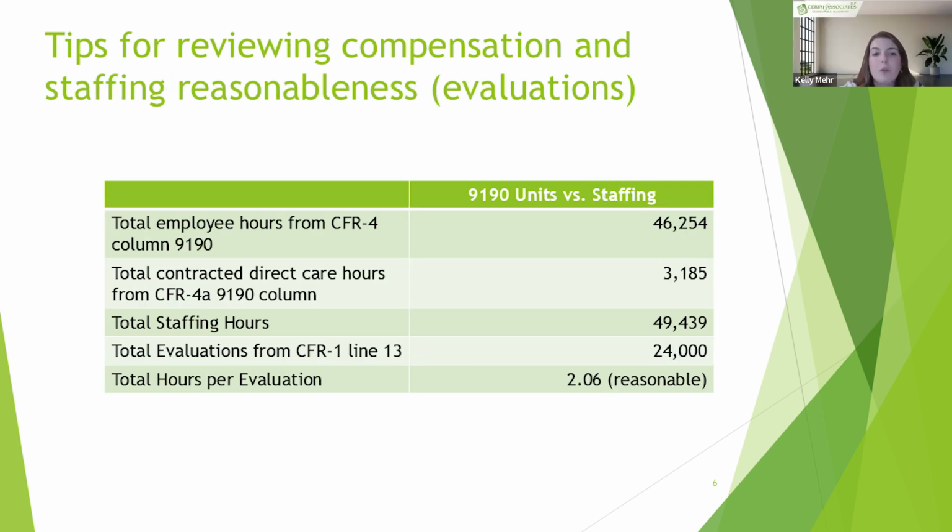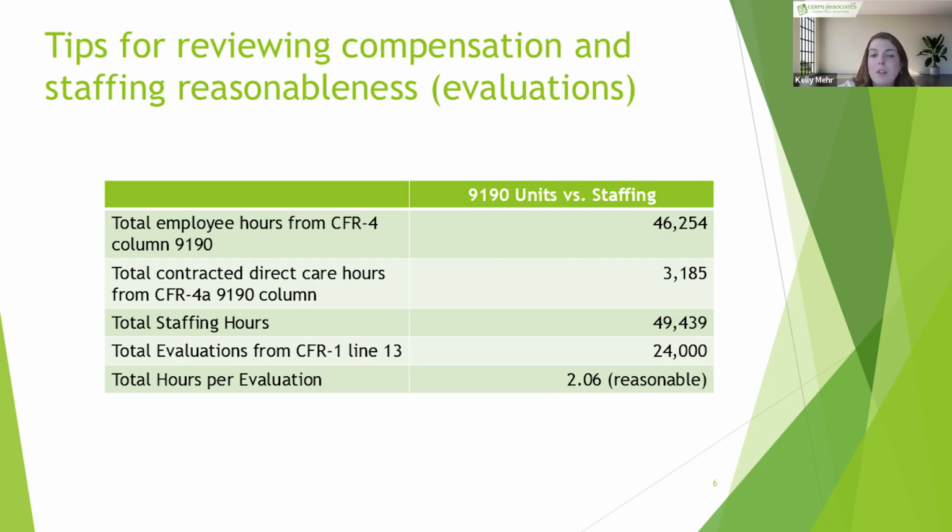So for evaluations, which is program 9190 on the CFR, for reasonableness, we normally compare the total staffing hours to the total evaluations performed. If you look here, we combine the employee hours reported on CFR 4, which is the 46,254 hours, with the contracted hours from CFR 4A, which is the 3,185.